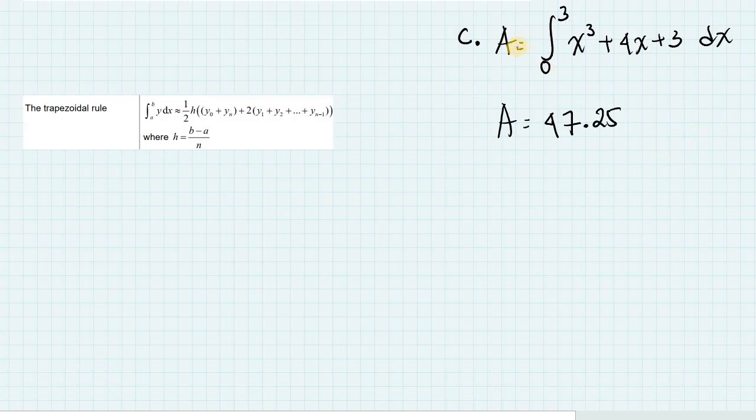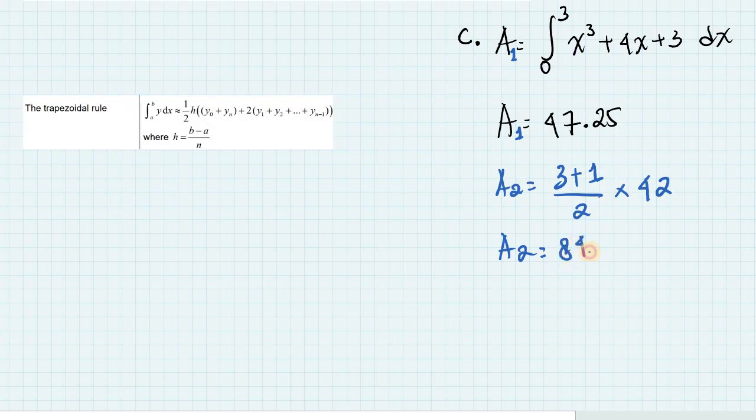Let's call the first one area 1, and area 2 is equal to the base 3 plus the top 1, divided by 2, times 42. This is just the area of a trapezoid. So A2 is 3 plus 1 is 4, 4 divided by 2 is 2, 2 times 42 is 84.